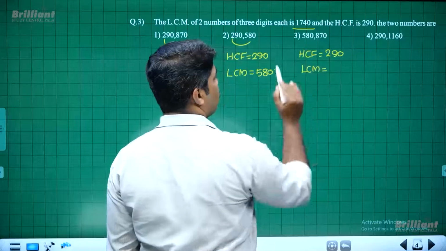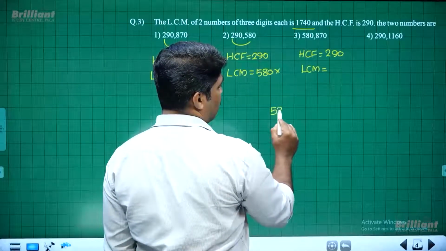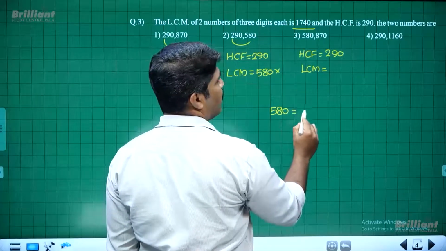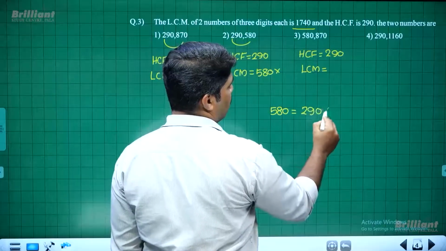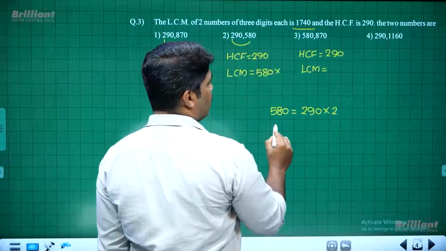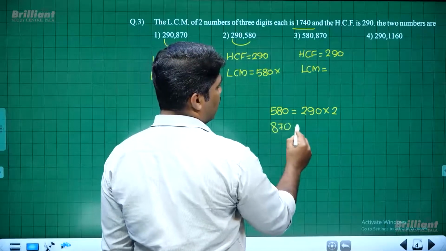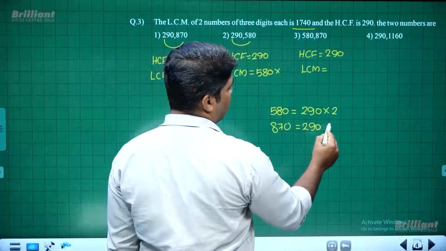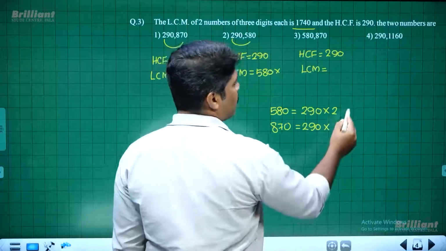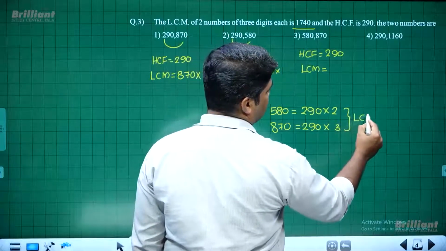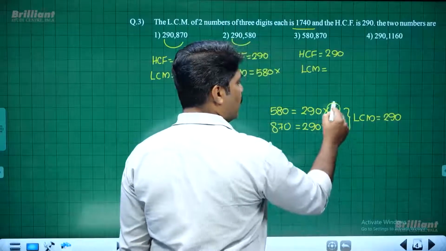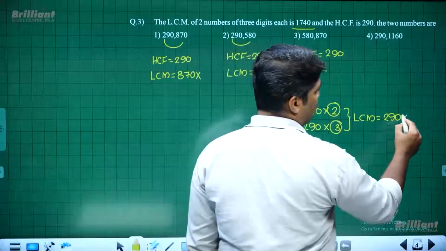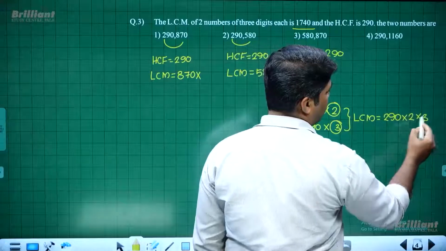So here we know that this 580 is nothing but 290 into 2. And this 870 is equal to 290 into 3. Therefore, their LCM is equal to 290 into these additional two factors, those are 2 into 3.